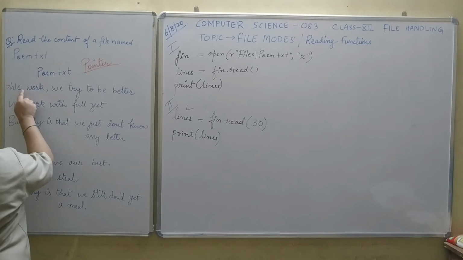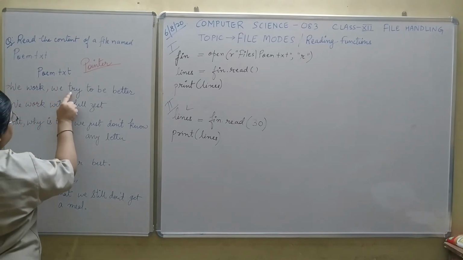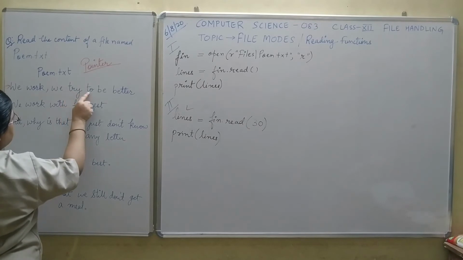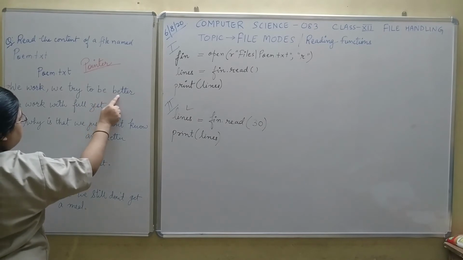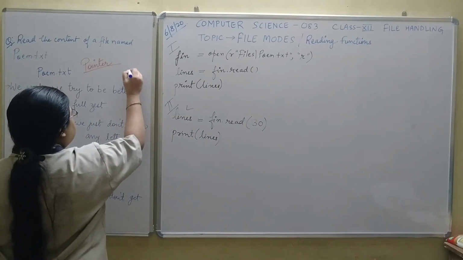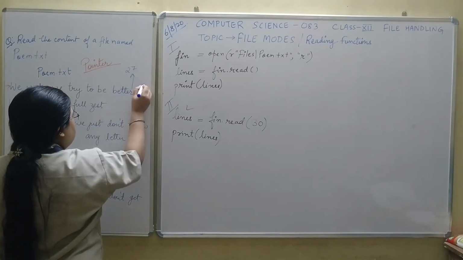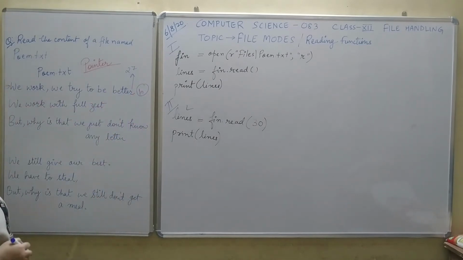So 1, 2, 3, 4, 5, 6, 7, 8, 9, 10, 11, 12, 13, 14, 15, 16, 17, 18, 19, 20, 21, 22, 23, 24, 25, 26, 27. So we have 27 characters still here, and over here there would be a new line character also which will also be counted.